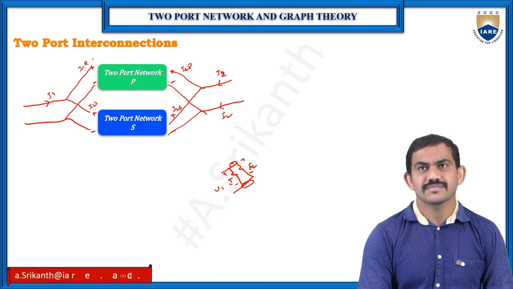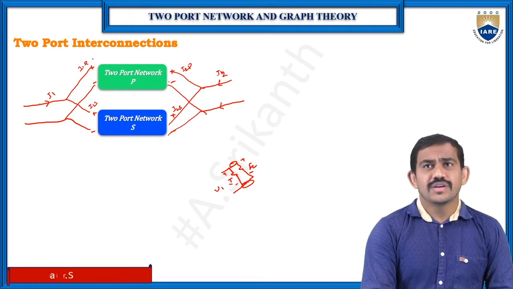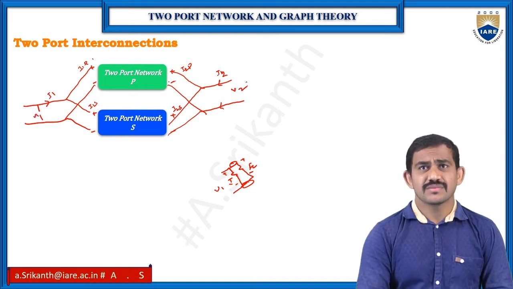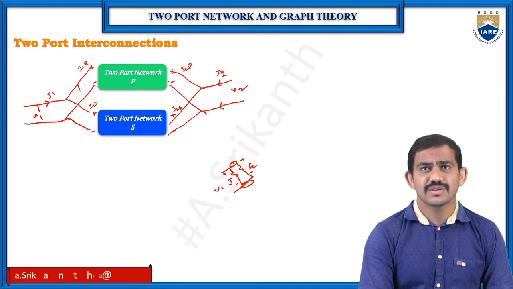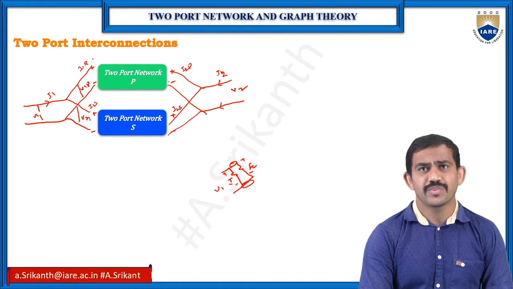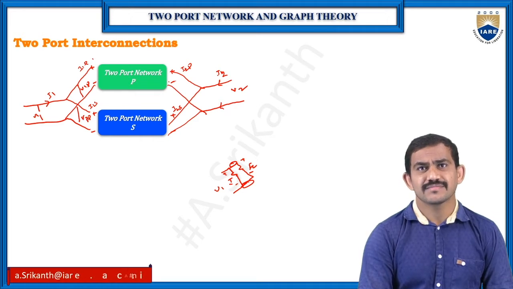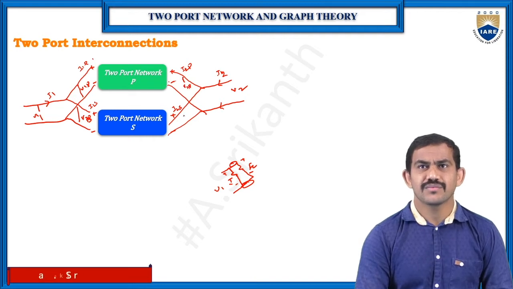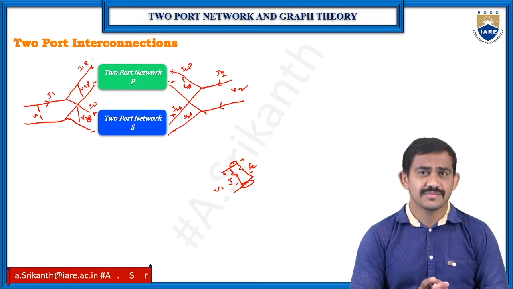And the voltages: primary voltage V1 and secondary voltage V2. So here to here we have V1 of P, and here to here V2 of P, V1 of S, and same thing here, V2 of P, and here V2 of S. So the P network and S network values.